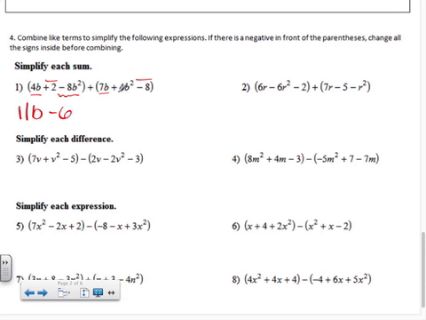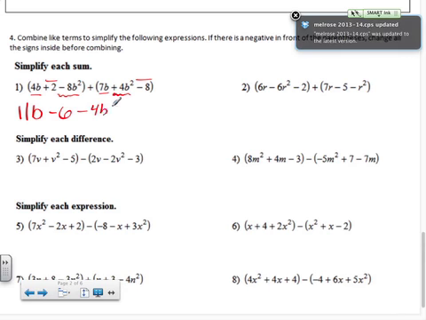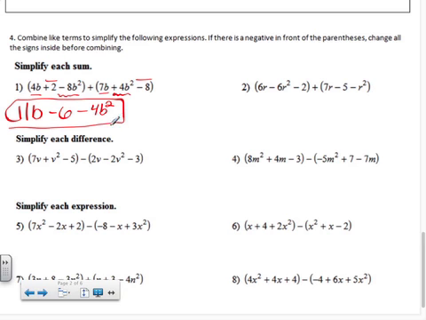And negative 8b squared combines with positive 4b squared. Negative 4b squared. That's it. Some people will debate. You might need to put this in descending order. So b squared comes first, and then b, and then no b's. There we go. That's better. I like that better.